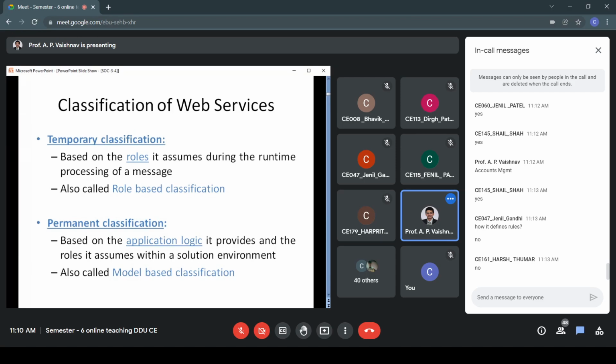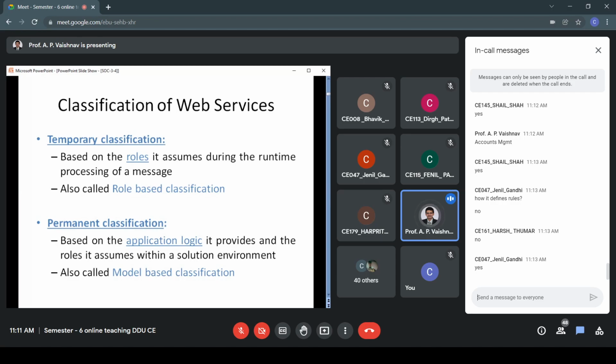So on the other side, the account service will be a custom service as per the rules of company A, right? So that is called logic-based classification. Are you getting this idea? Clear?